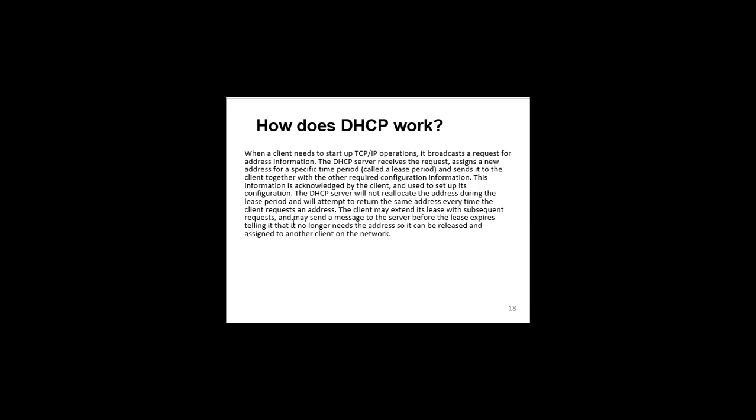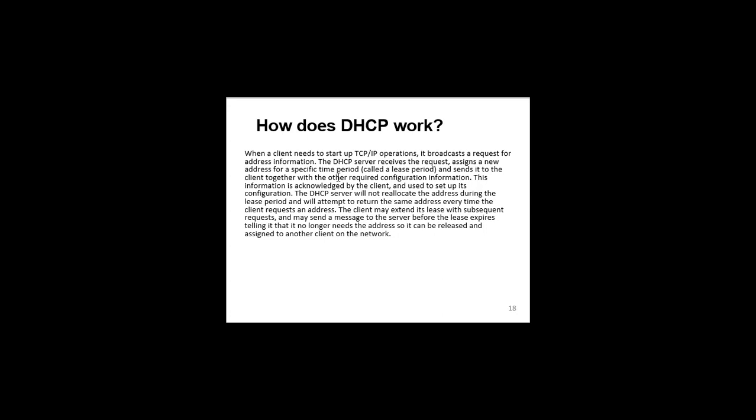In response to that request, the DHCP server receives it. It assigns a new address for a specific time period, let's say a lease time or lease period. After that it will be released.